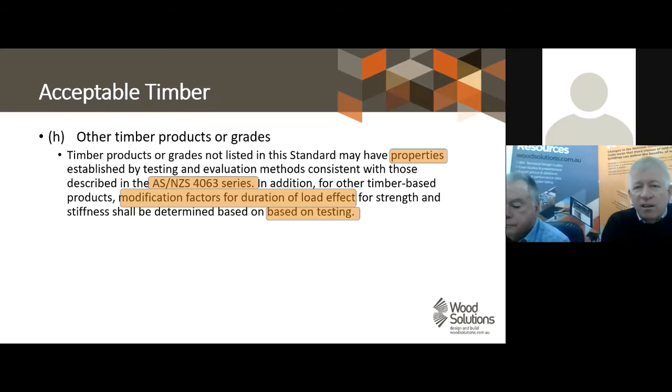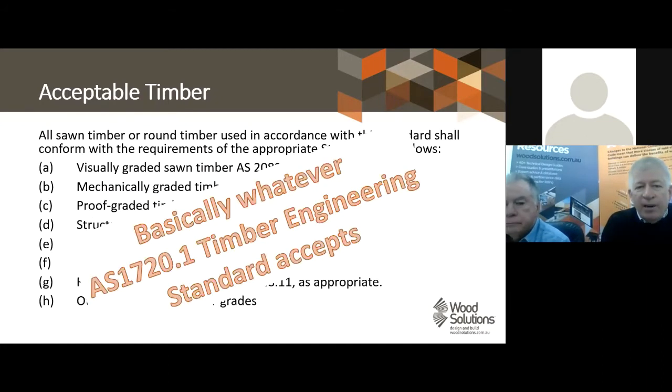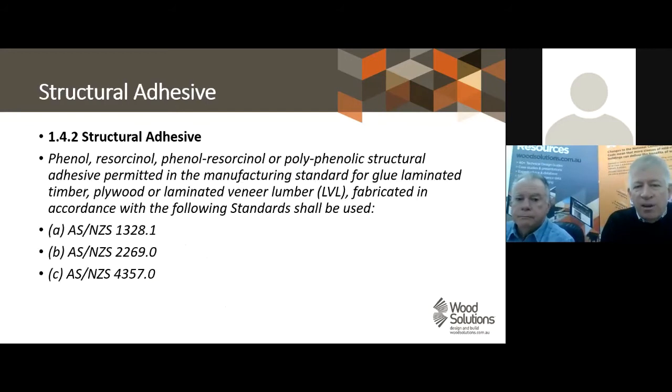So that can be used. What this basically does is mirror the acceptable timbers that are allowed in 1720 Part 1, which is a timber engineering standard, which makes sense. You want Part 4 of the standard series to equal Part 1.